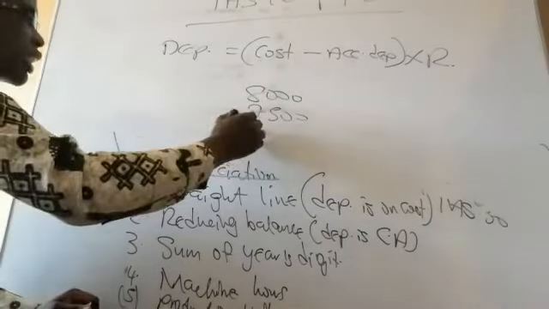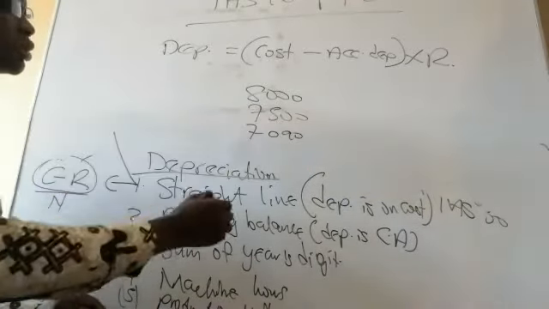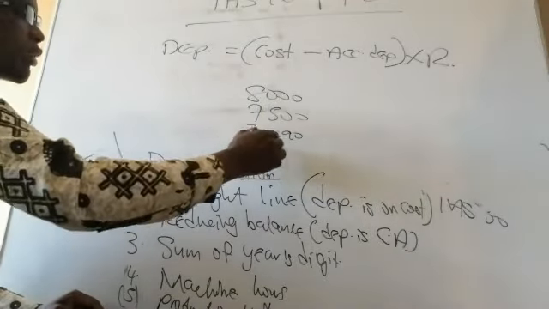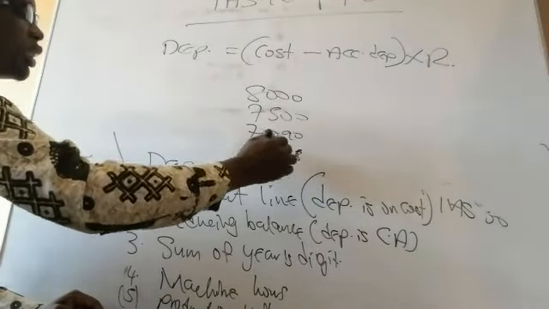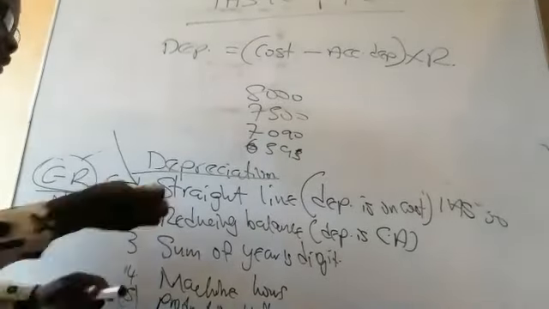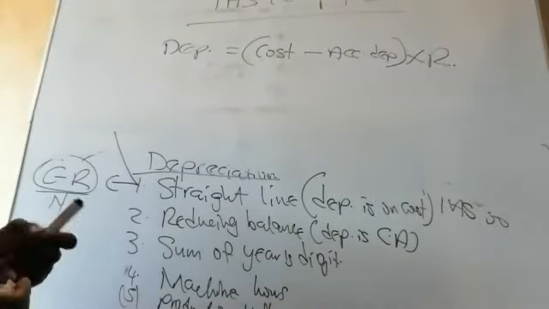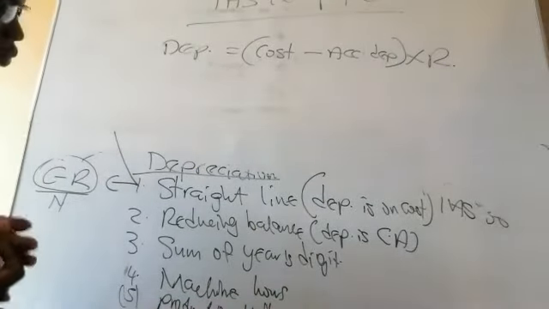The following year you can charge something like 7,090. The next year 6,595, in that order. So that is the reducing balance method. We are done. So can you join us when we are solving questions on them?